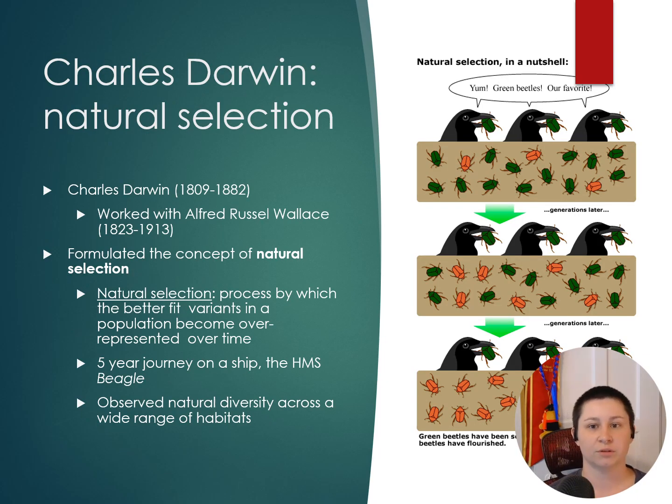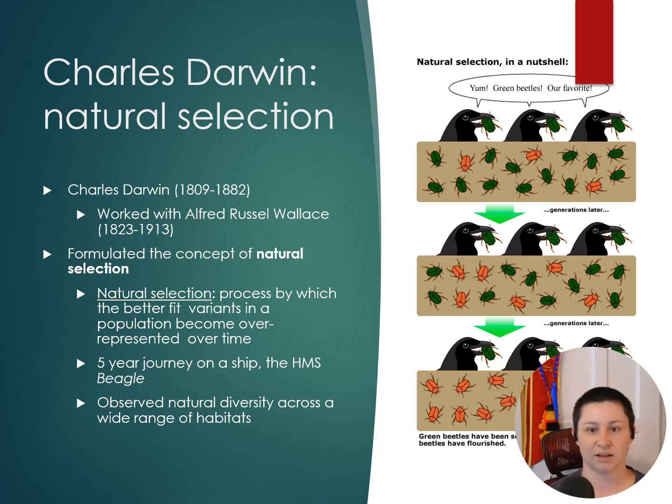So Charles Darwin coined the term natural selection, and he also worked with Alfred Russel Wallace. We can't discredit Wallace. It was Darwin and Wallace working together. So they formulated the concept of natural selection, which is one of the 4 forces of evolution that we'll talk about next week. But today, we'll just talk about natural selection. It's the process by which the better fit variants in a population become overrepresented over time.